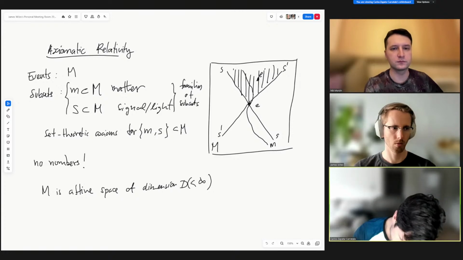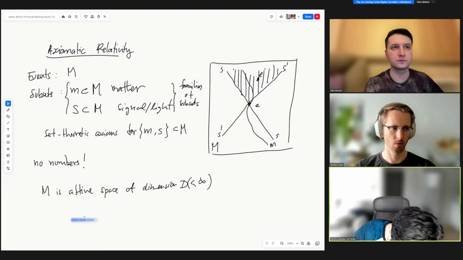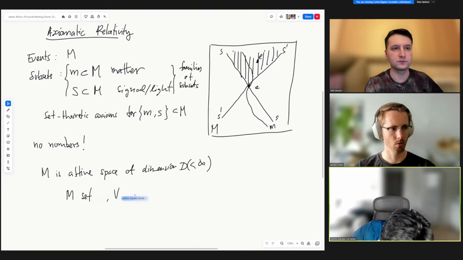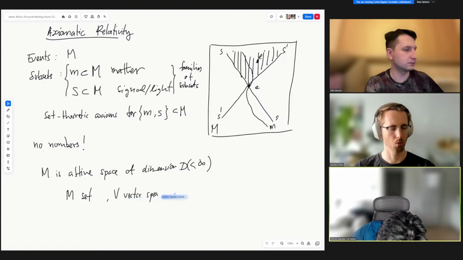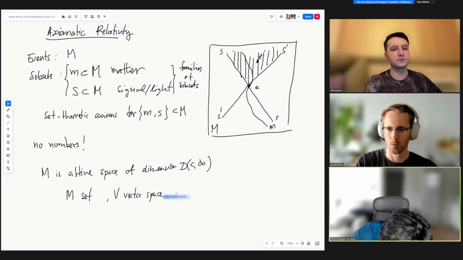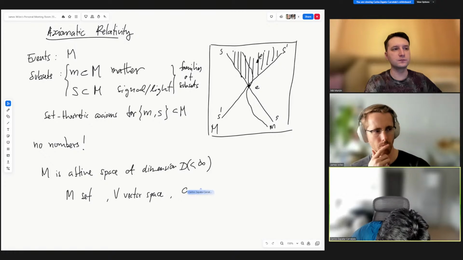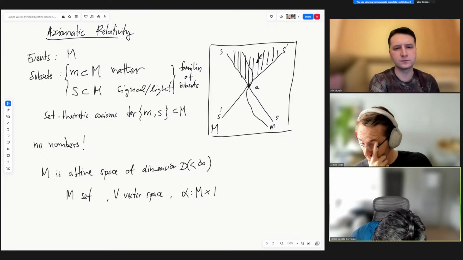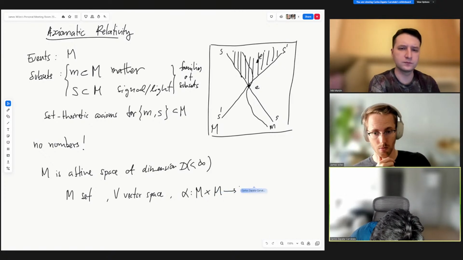So an affine space is a set together with a vector space V. This is basically the vector space of directions. And there is a map, let me call it alpha, that sends two points of the affine space into the vector space.